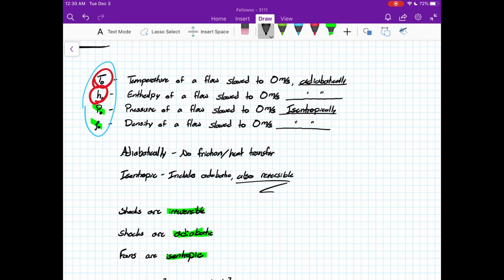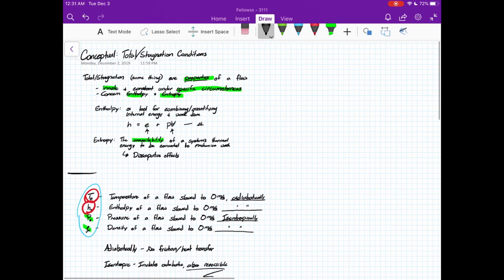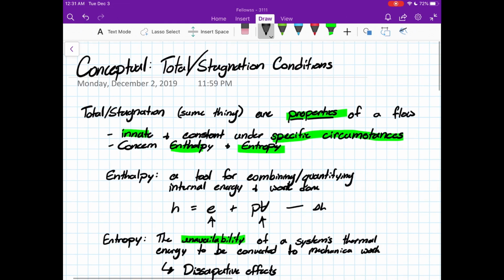The isentropic relations between 2 points in a flow, and then similar relations based on the Mach number, for oblique shocks, normal shocks. Definitely have those equations on your crib sheet. Those are super helpful.